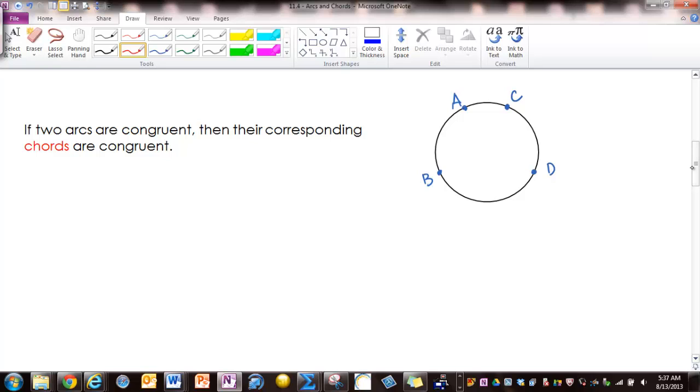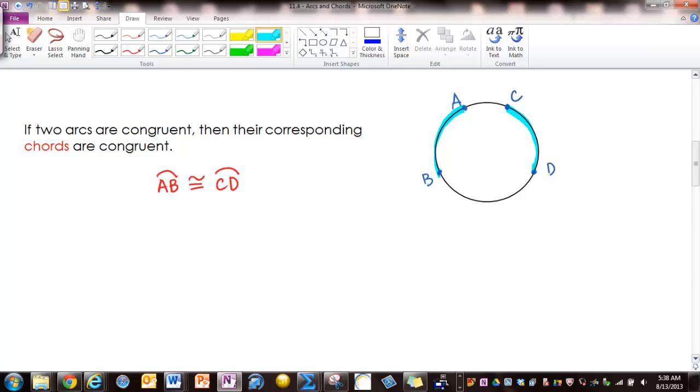Moving on, if two arcs are congruent, then their corresponding chords are congruent. So I have another circle here with A, B, C, and D labeled on that circle, and we're going to be given that two arcs are congruent. So they're going to be giving us arc AB is congruent to arc CD. So what that shows us is this arc and this arc are congruent.